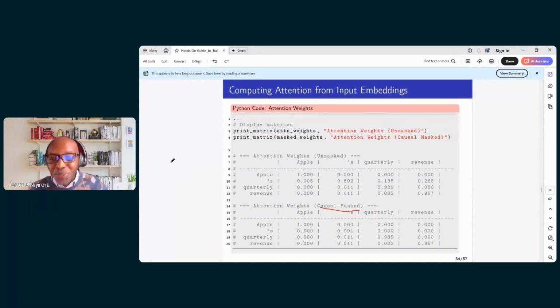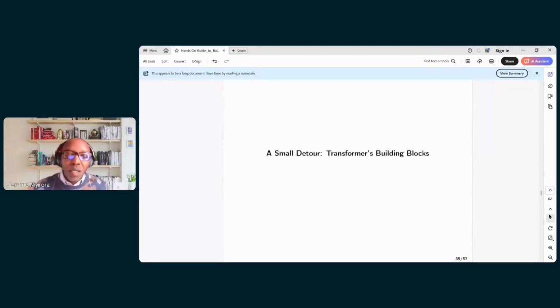This is through what's known as the back propagation method, and you have to have a loss function to see the relationship between your input distribution and the expected distribution, and you want to minimize the difference between those two. This is where this causal mask comes in, and I'm going to show this in the next few slides again. So this is essentially pretty much all the main pieces you need to build a GPT model.